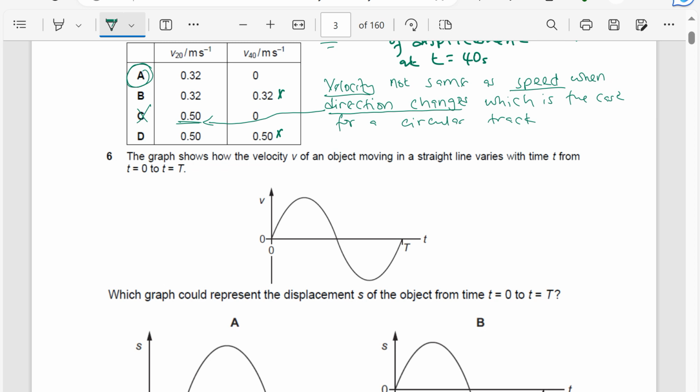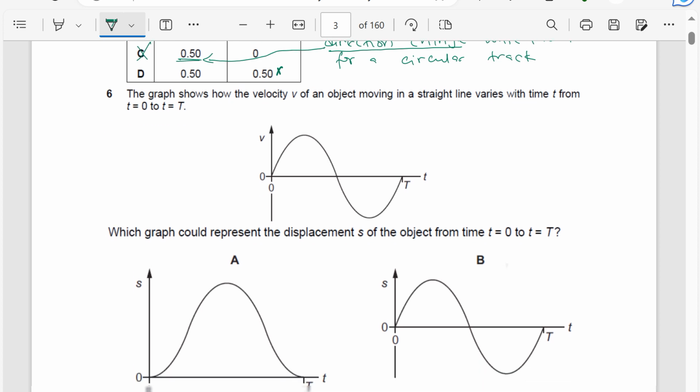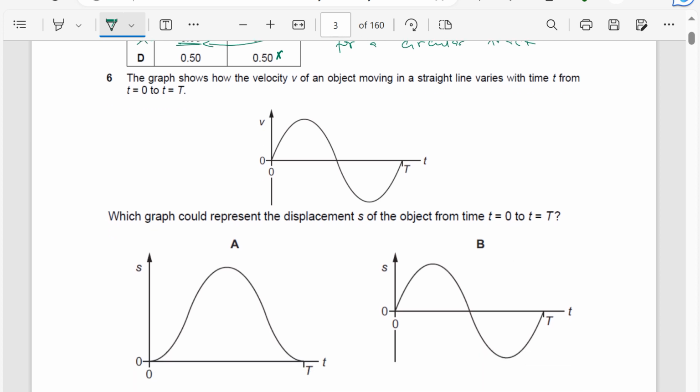The graph shows how the velocity v of an object moving in a straight line varies with the time t from t equals 0 to t equals capital T. Which graph could represent the displacement S of the object from t equals 0 to t equals capital T? I want you to see that at this point here, the velocity is 0.